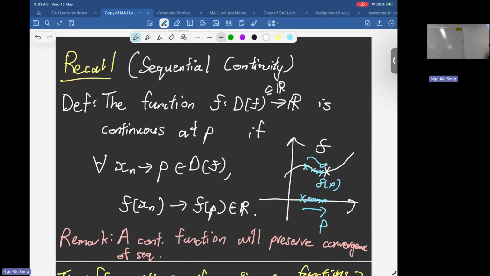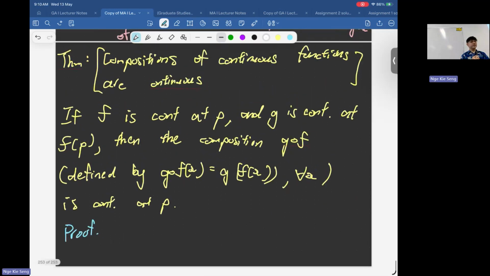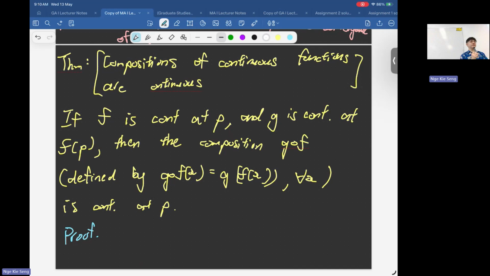So what do you need to do? You need to take a sequence that converges to P, and make sure that the function applied to that sequence also converges to the function applied to P. So how to start? Start is very important. If you don't know how to start, then you are basically doomed.